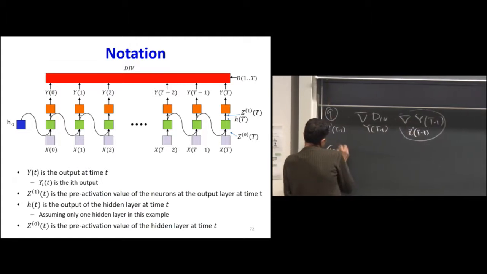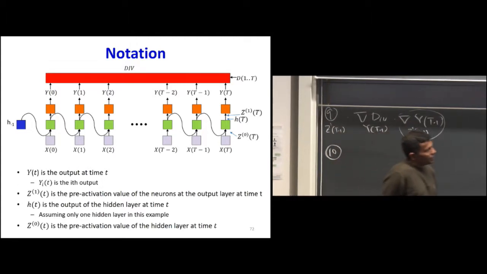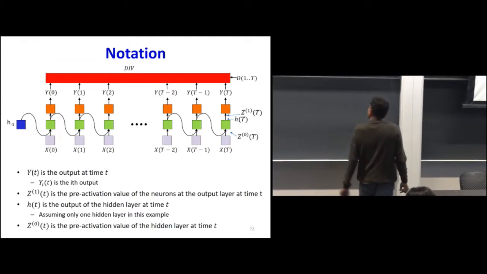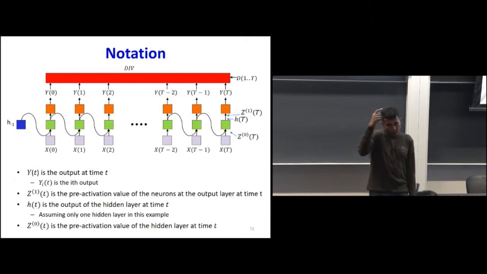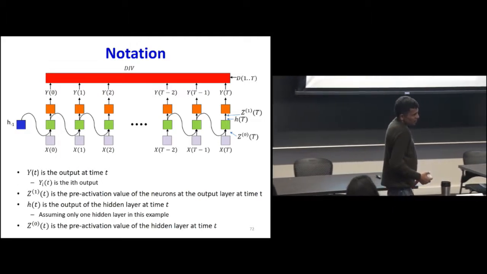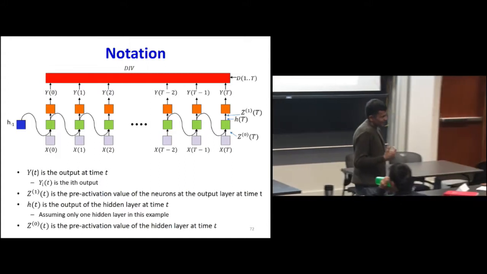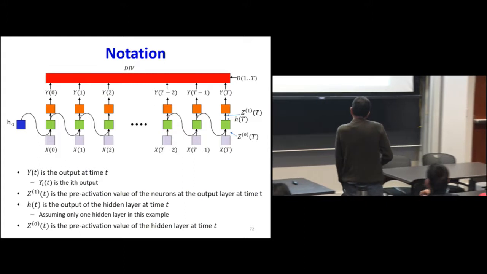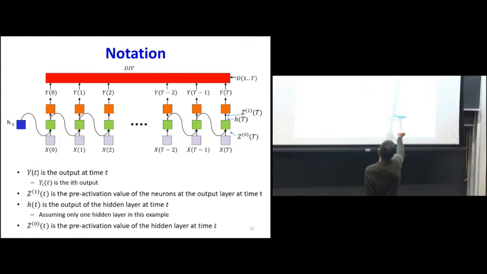So now things get interesting. What is the next derivative you'd compute when you're going down that chain? Zenkai? Just follow this, right? So just tell me which term. I have a variable here.